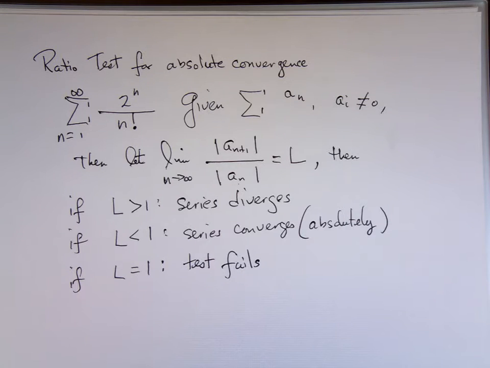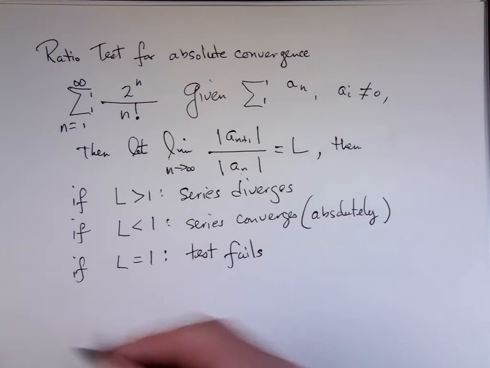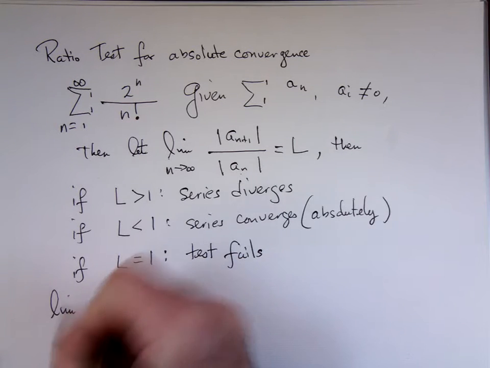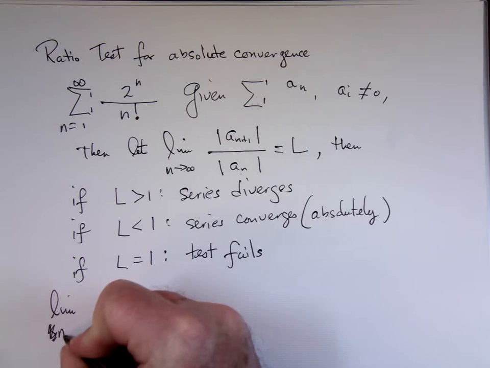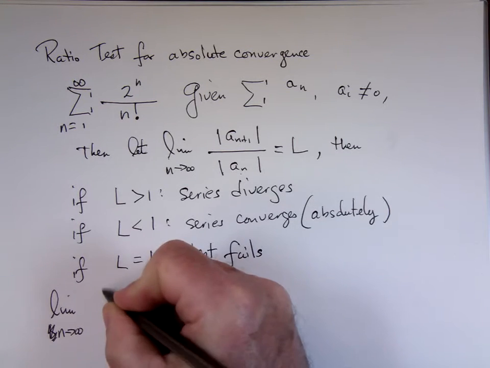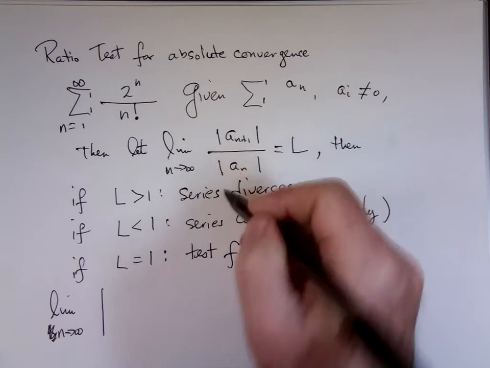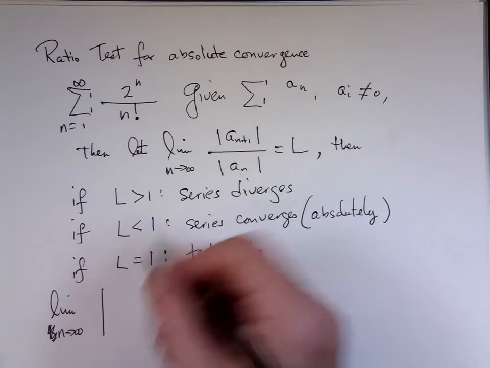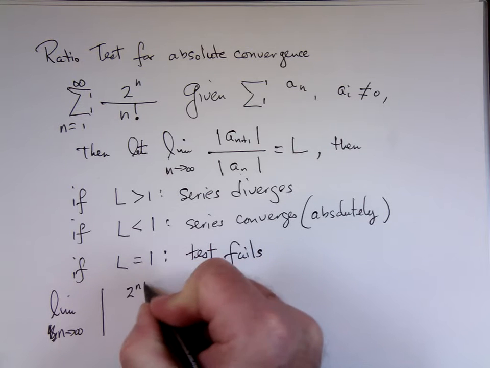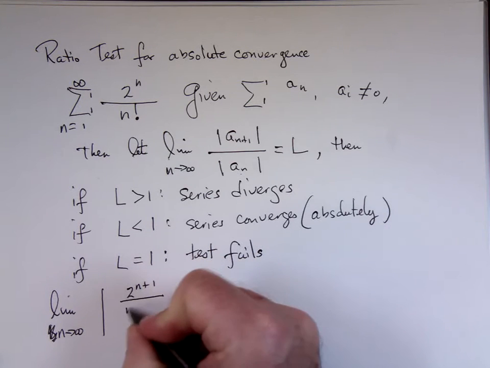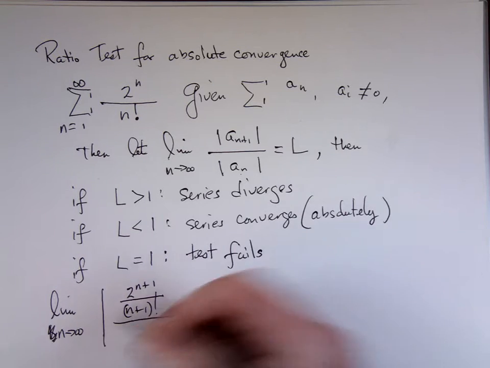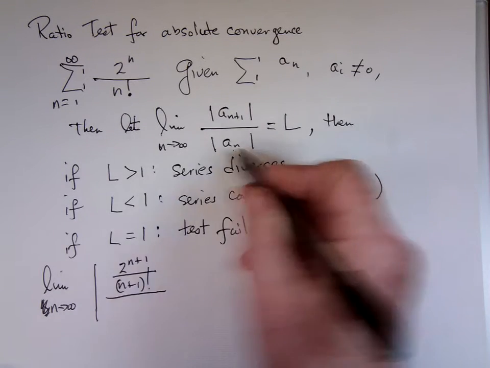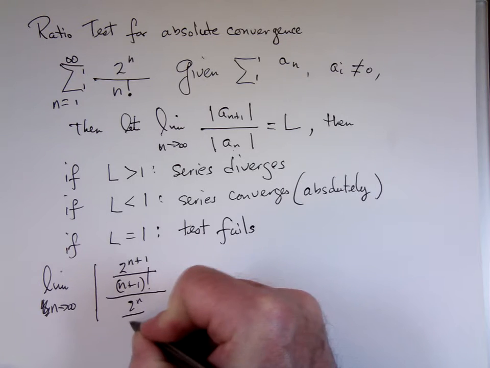All right, so here we go. Let's take a look at this series. Let's use the ratio test. We're going to take the limit as n goes to infinity of the absolute value of the n plus first term, 2 to the n plus 1 over n plus 1 factorial, divided by the nth term, 2 to the n over n factorial.